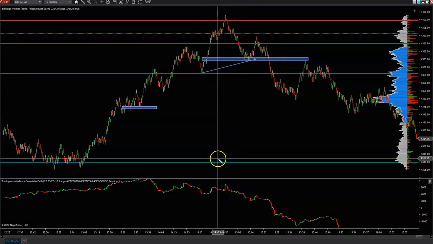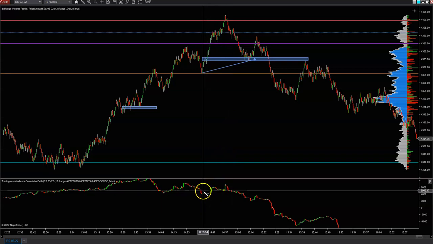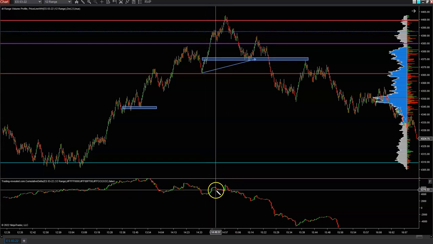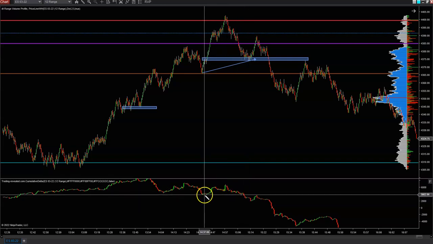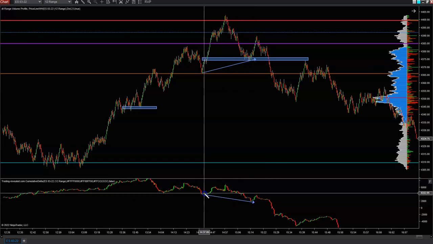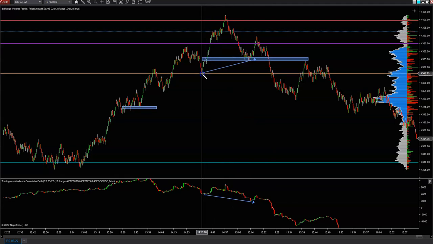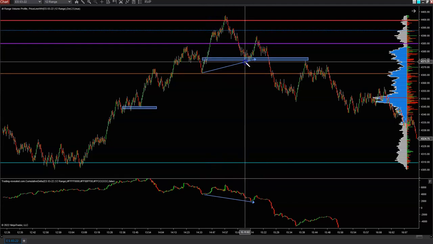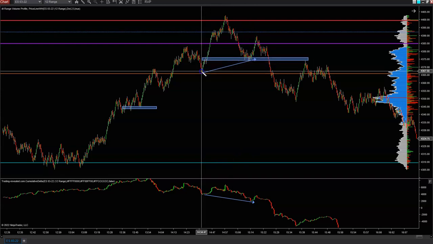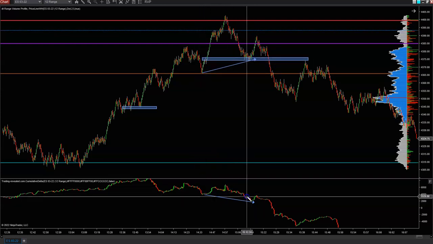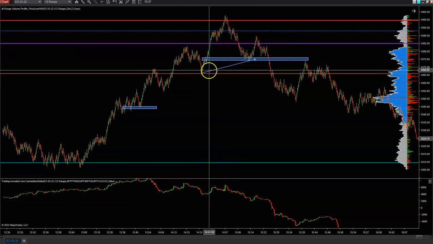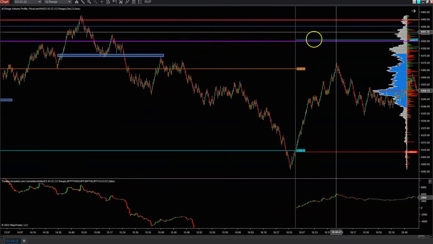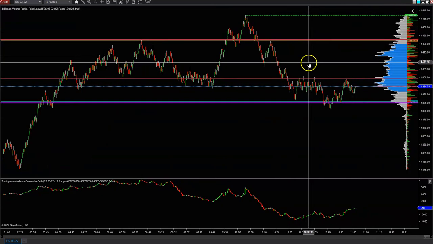No. What did it do on the cumulative delta, I'm sorry? When price pushes up here, what does it do on the pullback back down to the low? Well, look, it breaks lower than the lower end of the swing right here. That's divergence, guys. In regards to price, the swing on the pullback stayed above that low. Here on delta, when it pulled back, it broke the low. So that's divergence, and you can play off of that when looking for opportunities to trade the market.